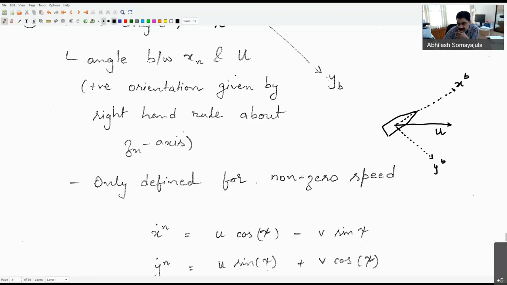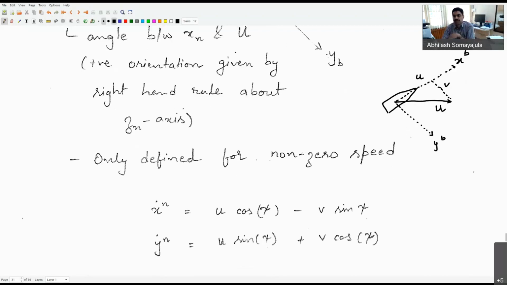The component of the velocity along the x-axis is called u, and along the y-axis it is called v. We already know that, right? Those velocity components you can now project onto the xn axis and the yn axis, and that will give you the rate of change of position in x and in y in the inertial frame n.